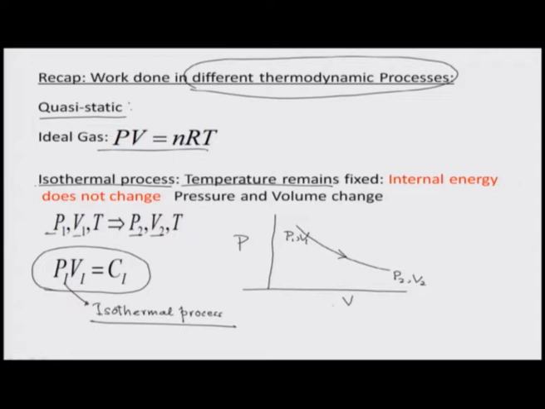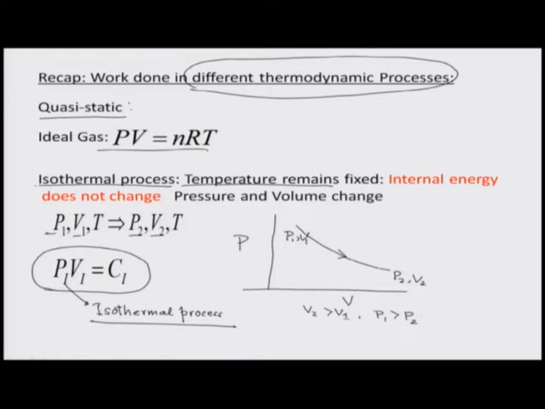Obviously, here you can see that V2 is greater than V1, which immediately implies that P1 is greater than P2.